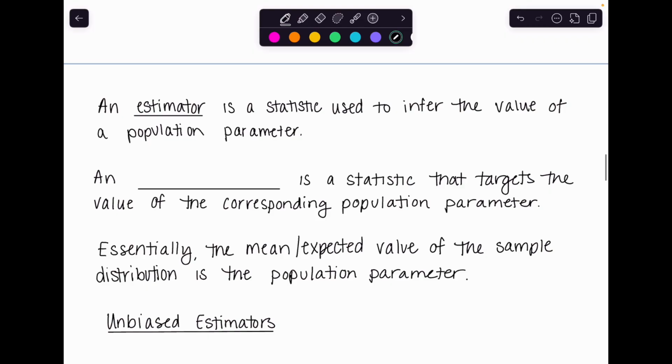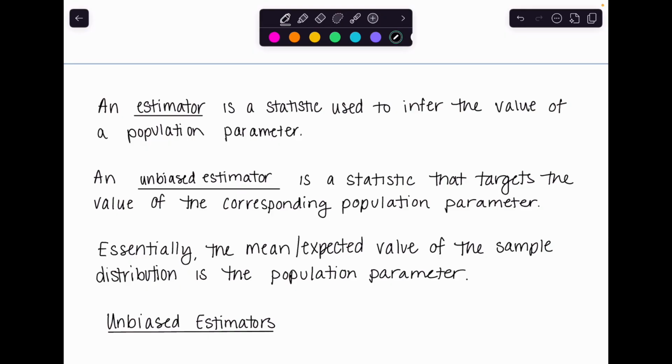An unbiased estimator is what we're really concerned with. So an unbiased estimator is a statistic that targets the value of the corresponding population parameter. So an estimator can estimate it, but it might not be a good estimate. It might still estimate, but you can't guarantee it's actually the true value. So we don't want that happening.